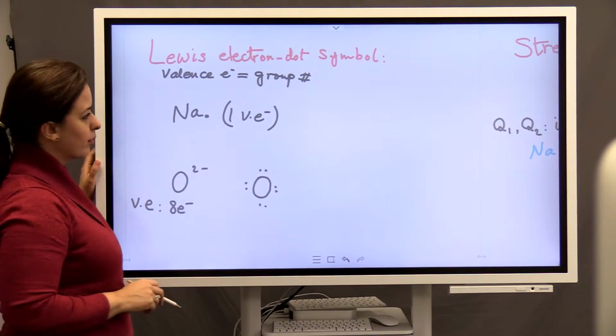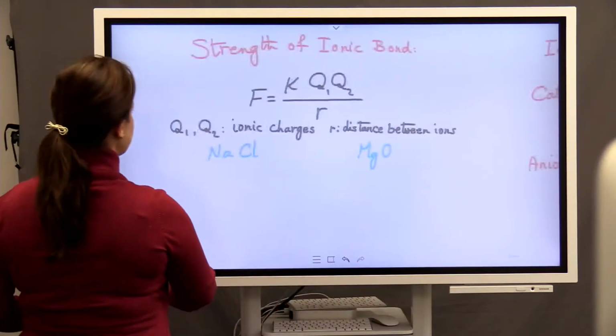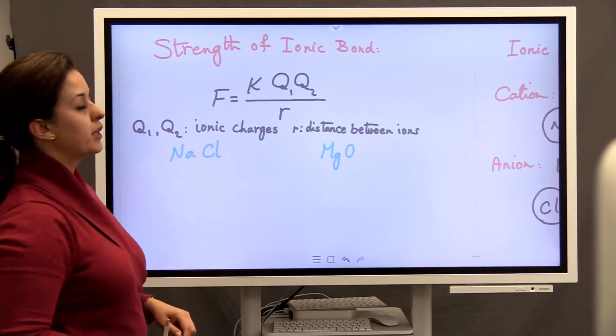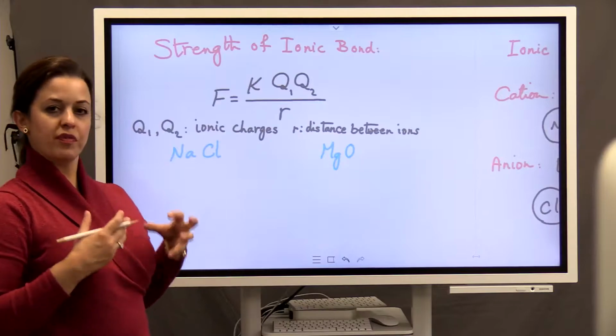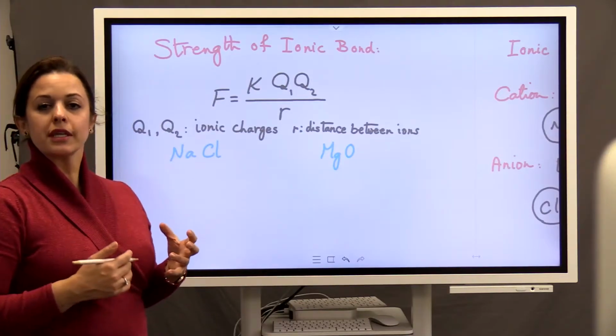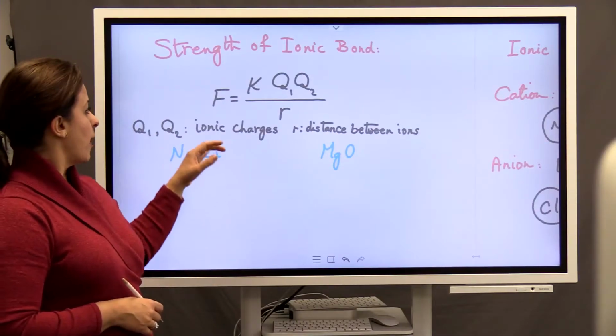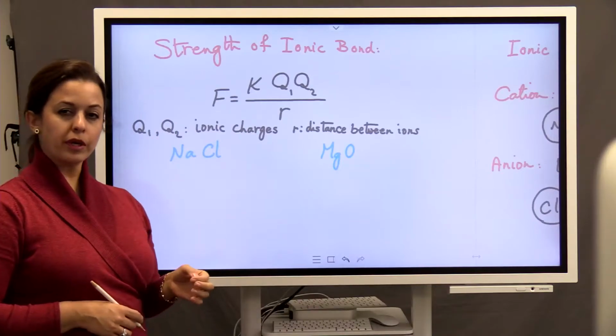All right? Okay, so let's move towards knowing the strength of ionic bond. I said ionic bond is very strong, so let's see what the factors are that affect the strength of an ionic compound. According to this formula, you probably know it from physics.